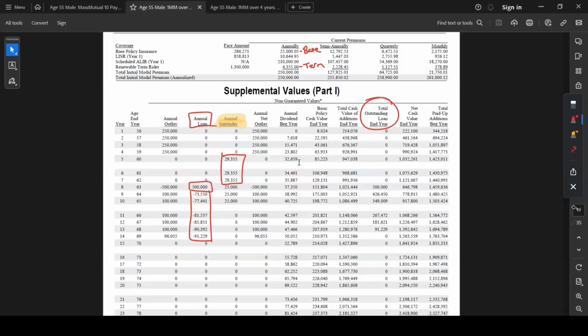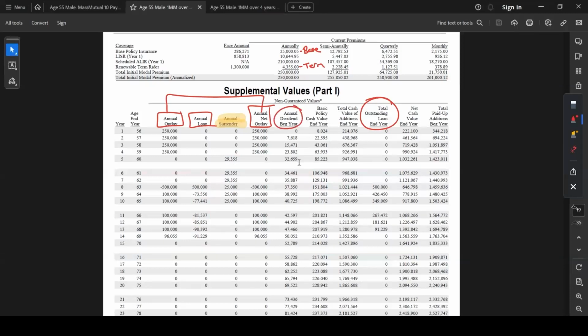Add those two together, $29,355. After year 7, we dropped the term rider and it paid just the base premium on its own. We could even reduce that or eliminate it through a reduced paid up, but in this example, we did not do that. But that's what the surrender column represents. Annual net outlay is the same thing as annual outlay.